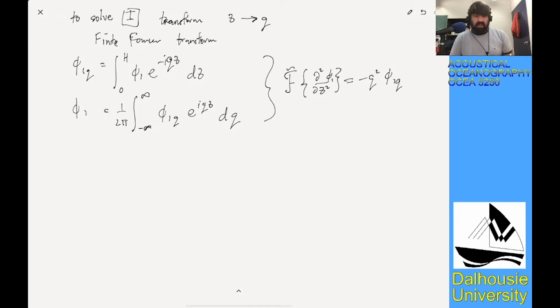Save that for when you're relaxing, maybe after going to the beach or something. You can convince yourself that that's true. Okay, so we apply that transform, and then we solve the equation.